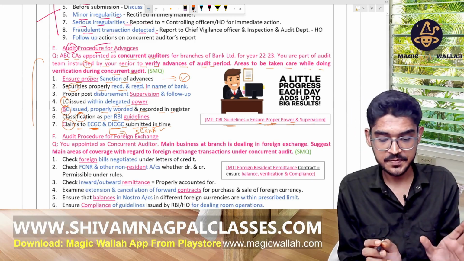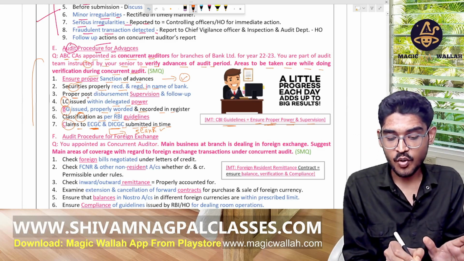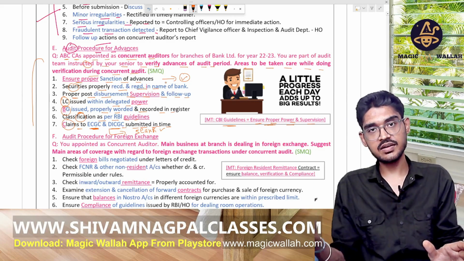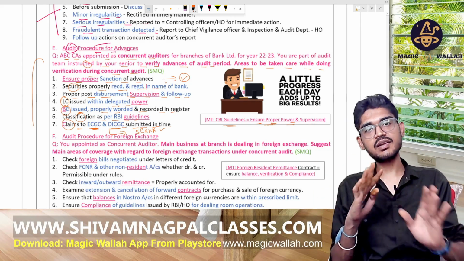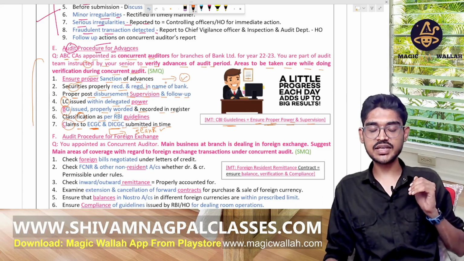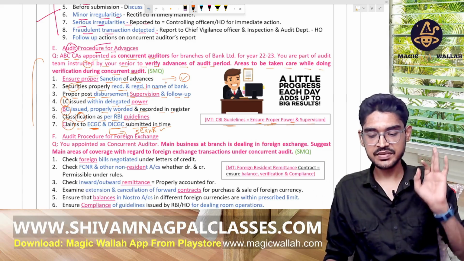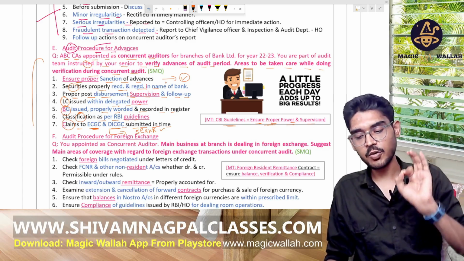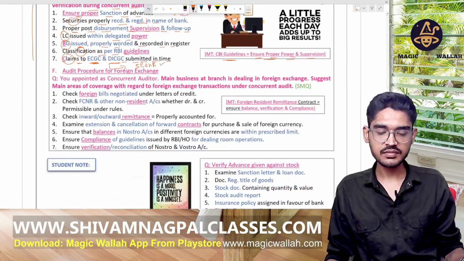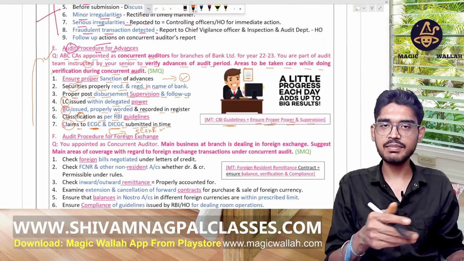And supervision: proper post-disbursement supervision and follow-up. These are used for the purpose taken and properly prepaid; follow up the same, supervise the same. Okay, these are the points for checking the advances by the concurrent auditor: CBI guidelines, ensure proper power and supervision. Right now, these are important. The question is given, the method is given.